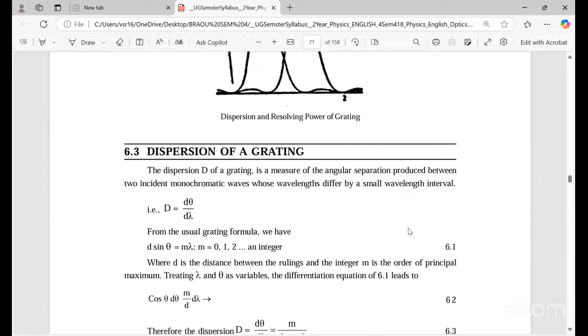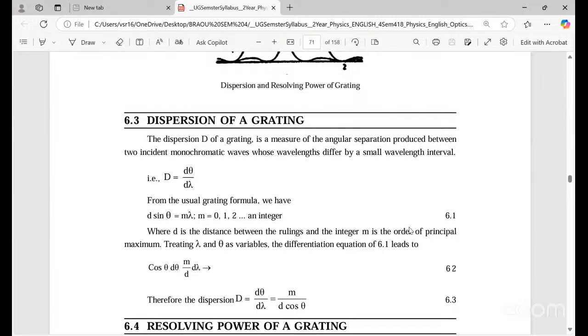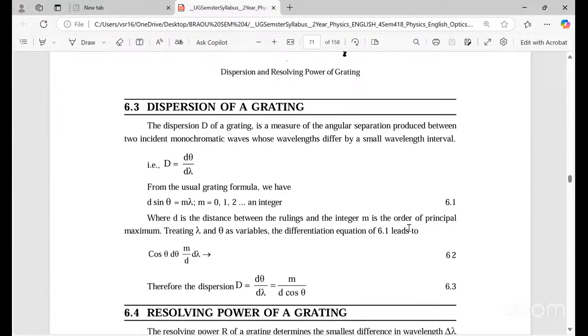Dispersion of a grating. Dispersion, capital D, measures the angular separation produced between two incident monochromatic waves whose wavelengths differ by a small wavelength. d theta by d lambda is the dispersion, where d theta is a small angle, and d lambda we already know.